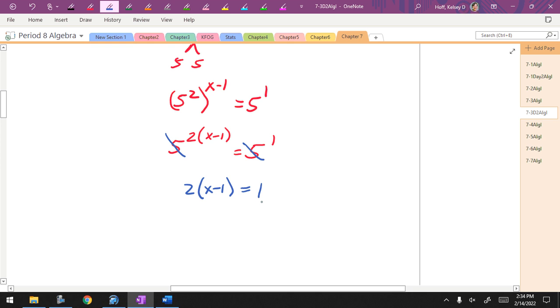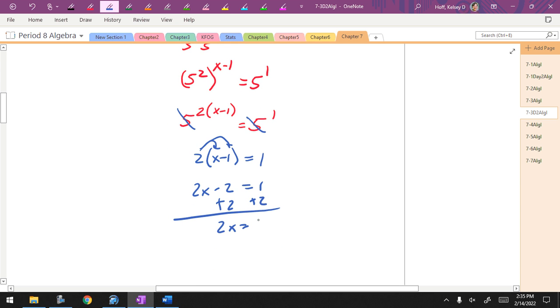What should I do first? Distribute. I'd end up with 2x minus 2 equals 1. Plus 2. 2x equals 3. Divide by 2. x equals 3/2.